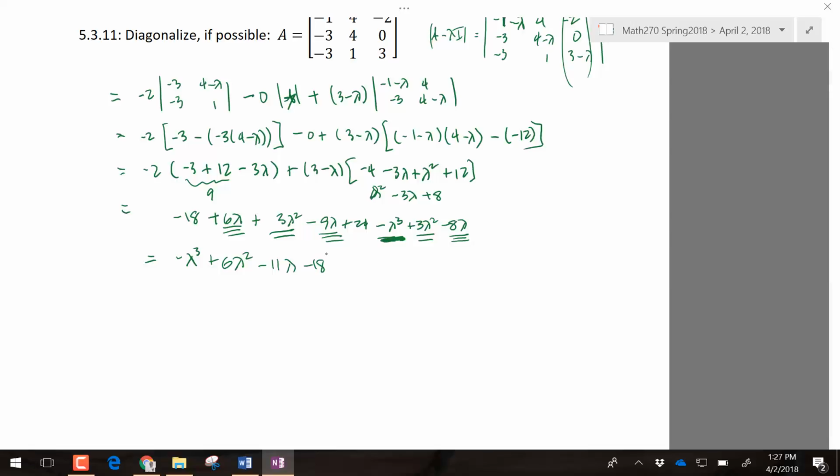Doesn't look good. You guys get something like this for your characteristic polynomial? No? Yeah?